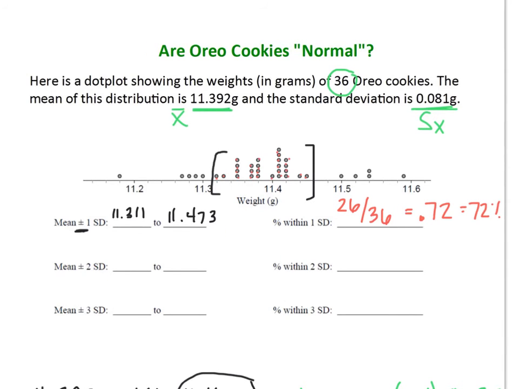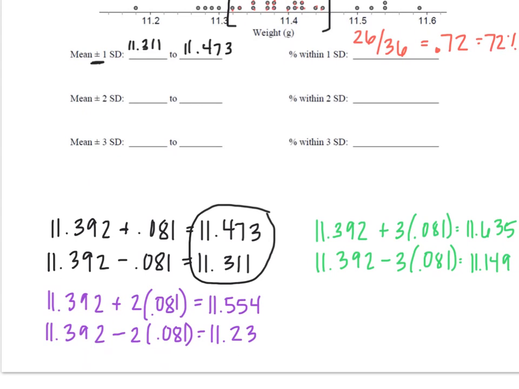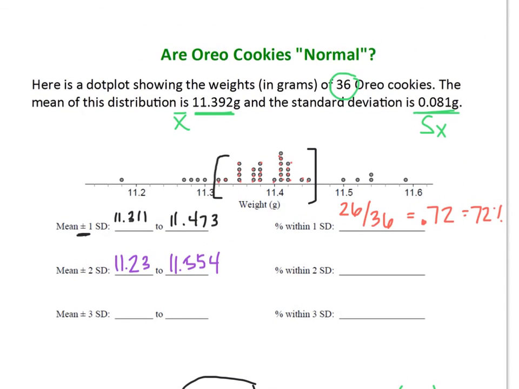Well, then I can do the same thing for two standard deviations. So two standard deviations is over here in the purple. It would give me this range because I subtracted two standard deviations and added two standard deviations. So my range is 11.23 to 11.554. So when I come back to my graph, 11.23 would be like right here to 11.554 would be right around there.